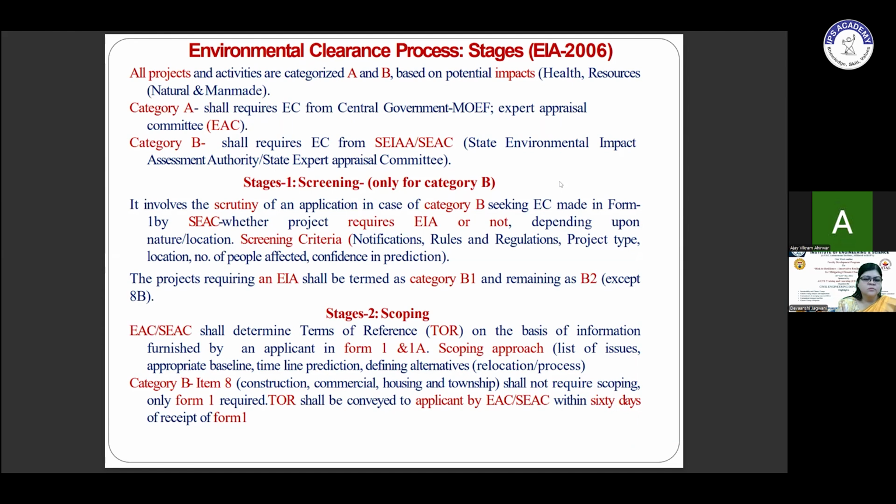First the project comes under the SEAC, State Environmental Committee, and then after approval from SEAC, it will come to the SIA. SIA has the power to reject that project even if it is approved by SEAC.